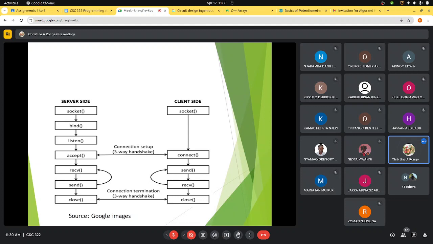Okay, so I thought like inside the acknowledgement, there are two sequence numbers. The one for the acknowledgement itself, and the one for the sequence number for the client, the one that they expect next.